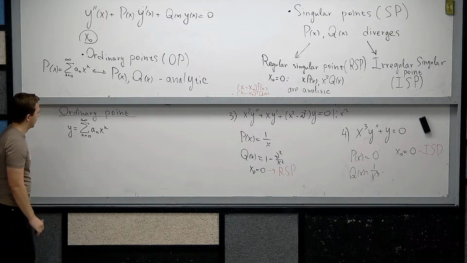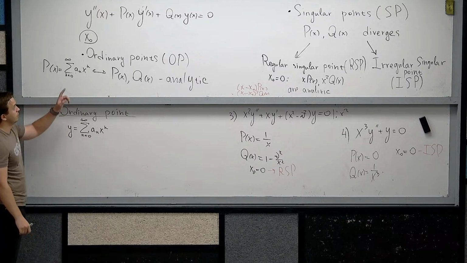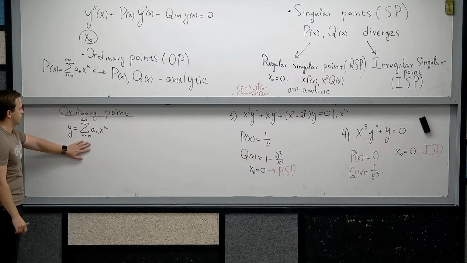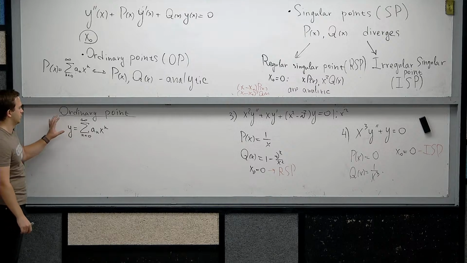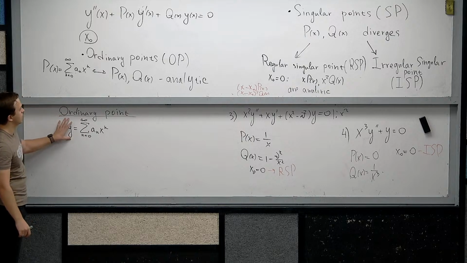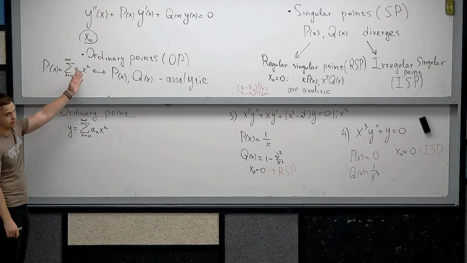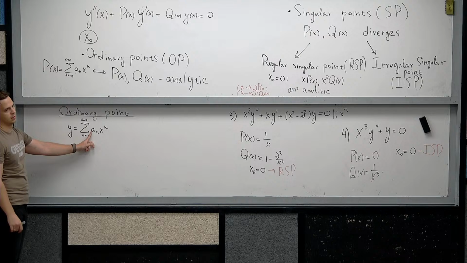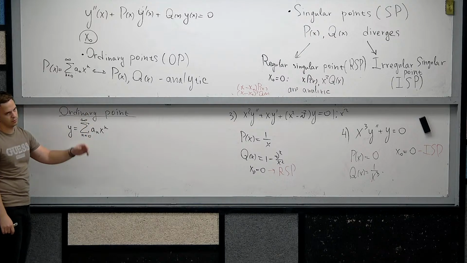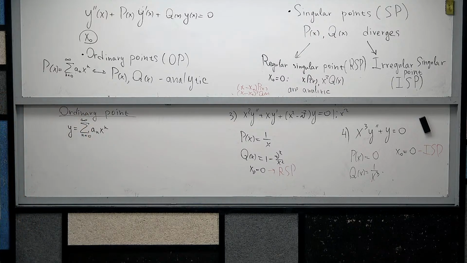We will say that our solution of this equation will look like a Taylor series, and we need just to plug this into the original equation, and our goal is to find these coefficients A0, A1, A2, etc.